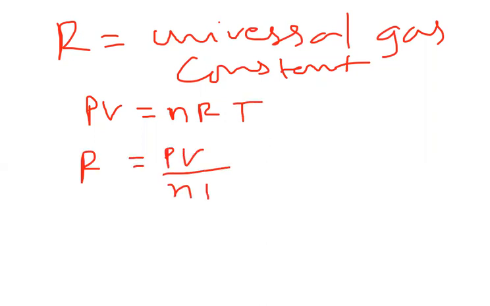P is pressure, V is volume, n is the number of moles, T is temperature. The pressure dimensional formula is M1 L minus 1 T power minus 2. I told you to remember the pressure dimensional formula.